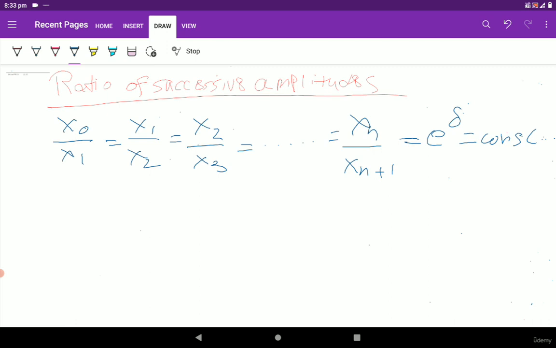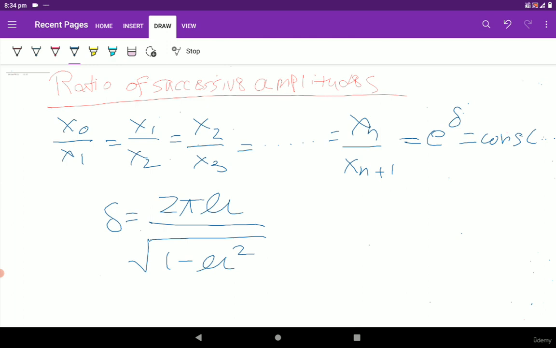So del is equal to 2 pi multiplied by the damping factor divided by the square root of 1 minus damping factor square.